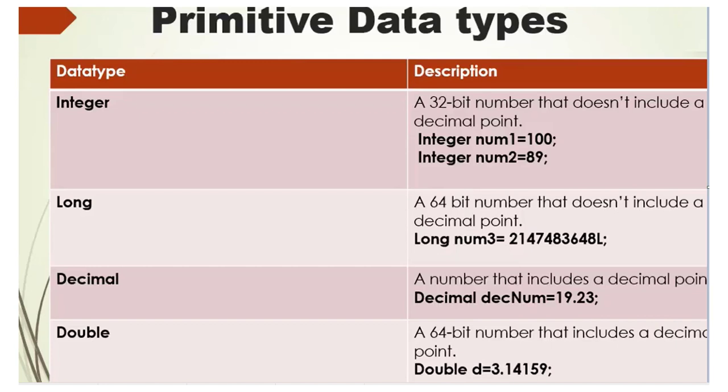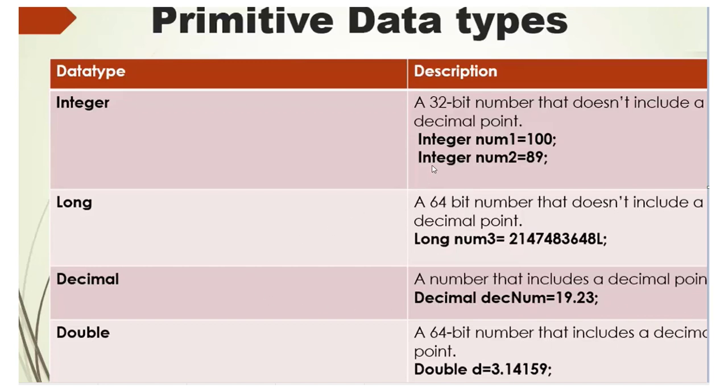The next primitive data type is decimal, which is a number that includes a decimal point. For example, the weight of a person can be like 22.5 kgs. The thing to note here is that you have to decide on the data type for every variable, whether it is decimal, long or integer.